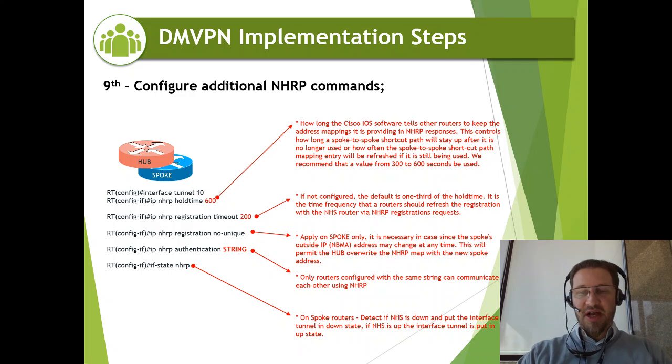On this other device slide, we have another few NHRP commands. We can see here the IP NHRP hold time, that is how long the Cisco IOS software tells other routers to keep the address mappings it provides in NHRP responses.